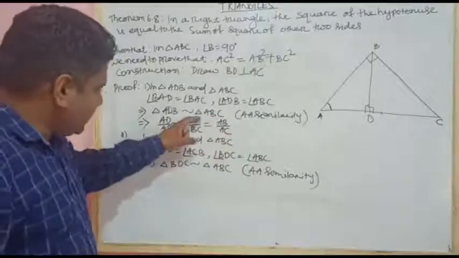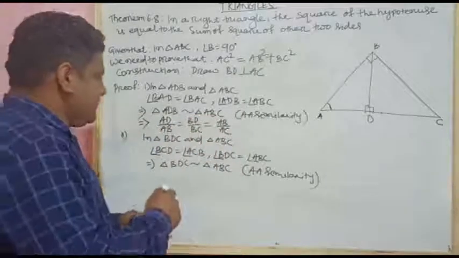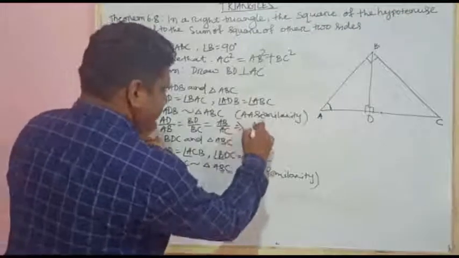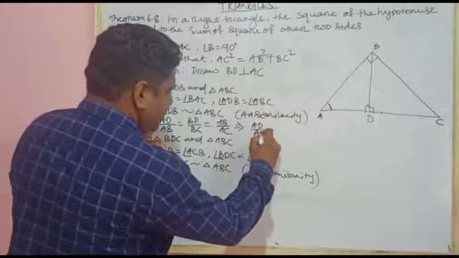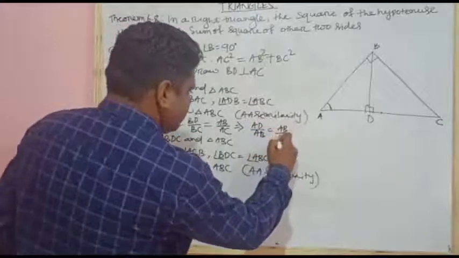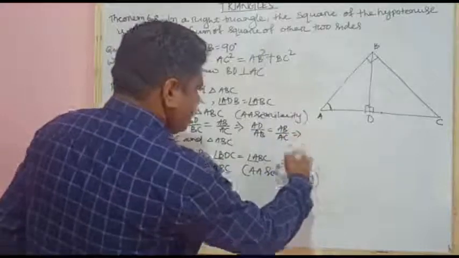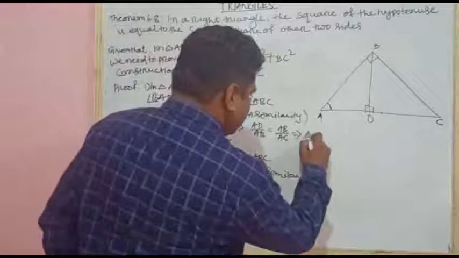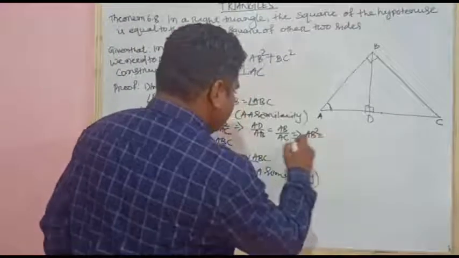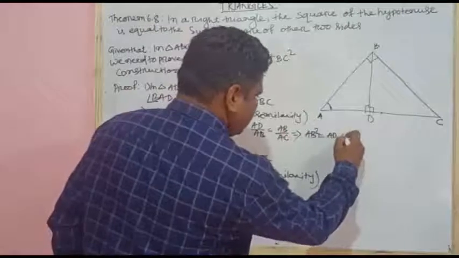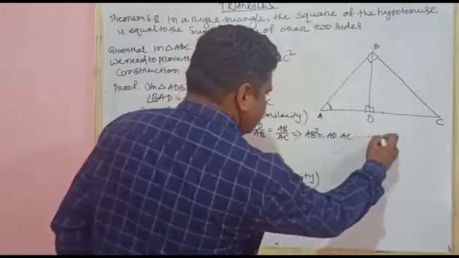We don't require the middle part. Let's write the remaining part. So AD by AB is equal to AB by AC, or from here we can write AB square equal to AD into AC. Let it be equation 1.